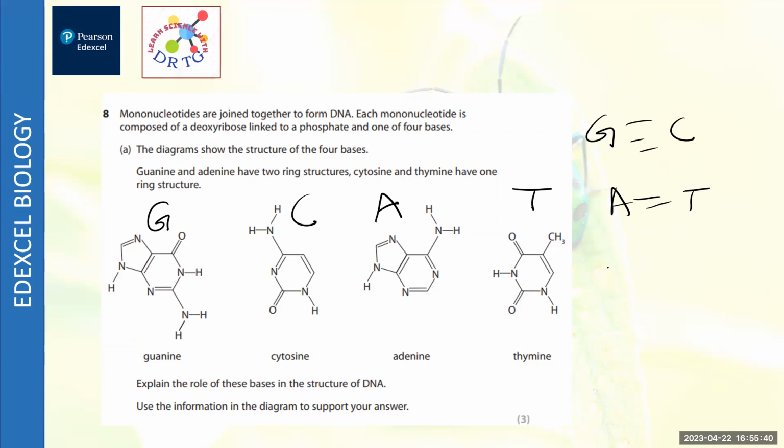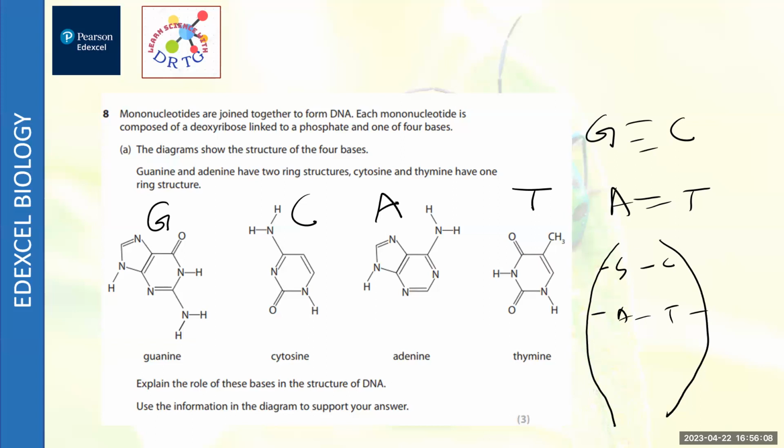I think it's very clear. DNA molecule, 2 strands joined together by making hydrogen bonds, guanine with cytosine, adenine with thymine. So they bring the 2 strands together by making hydrogen bonds.